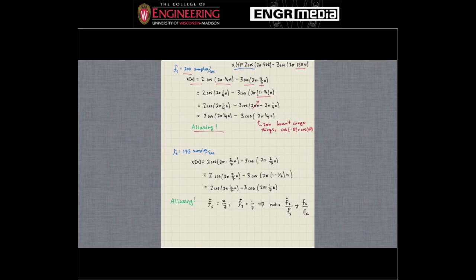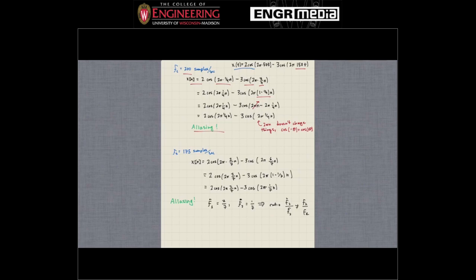As another example, let's look at a sampling rate of 175 samples per second. Okay? So even a slower sampling rate. And we know there's still going to be aliasing, right? We're still violating Nyquist. The sampling rate would have to be above 300 to not violate Nyquist. And again, let's just try and do the same tricks we did before.